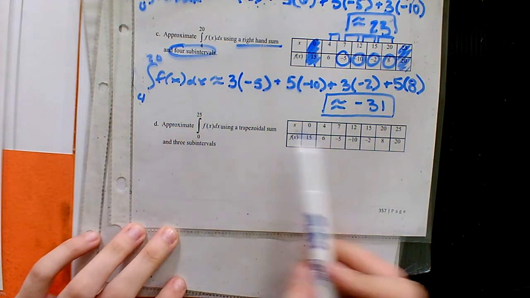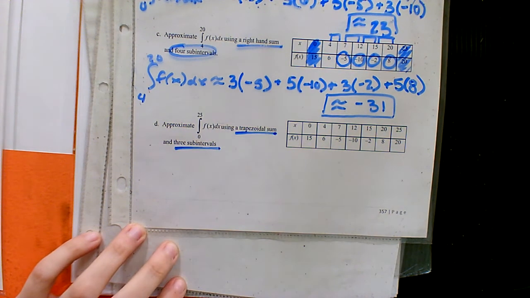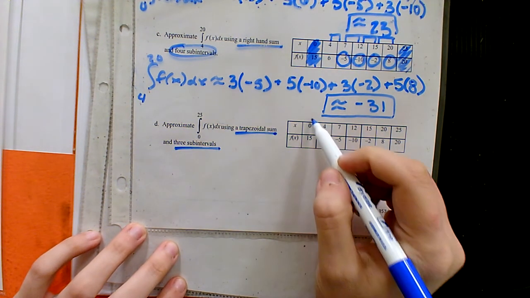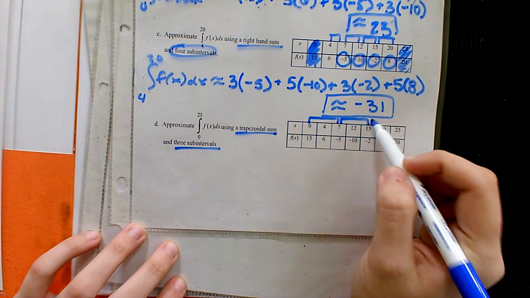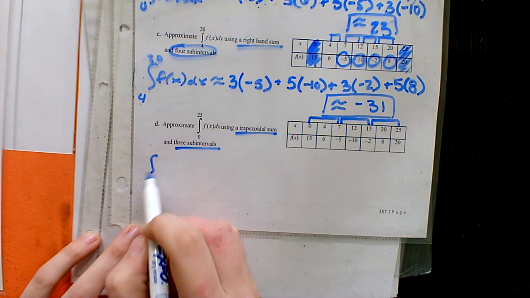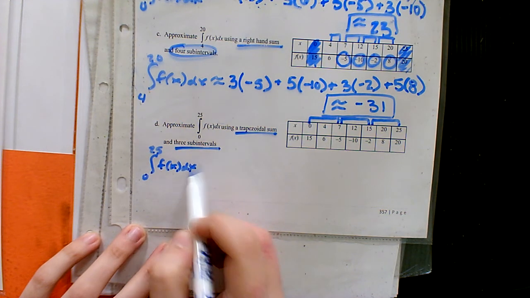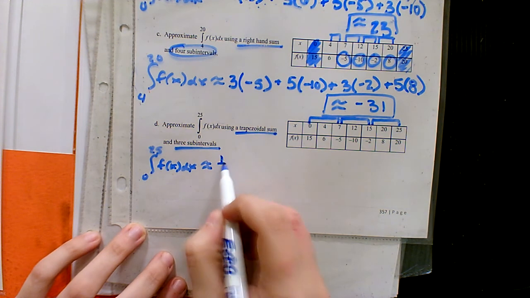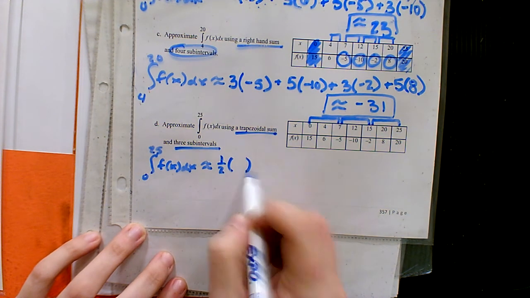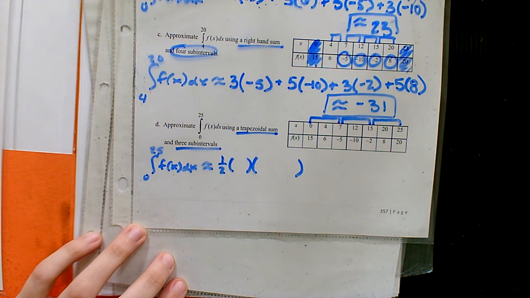All right, 0 to 25, so the whole table, using a trapezoid sum with 3 subintervals. So 0 to 7, 7 to 15, 15 to 25. All right. Area of our first trapezoid. We need 1/2 times the height times the sum of the bases.